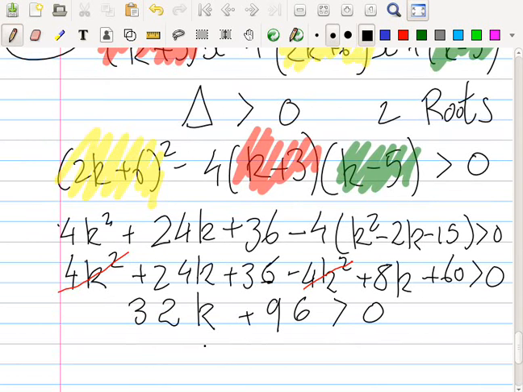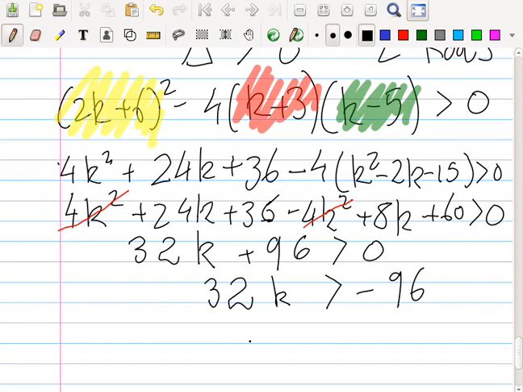What do I do next? Just take the 96 to the other side, yeah? So one line left. Finally, I divide by 32. So, for this quadratic to have two solutions, it must be the case that k is more than minus 3.